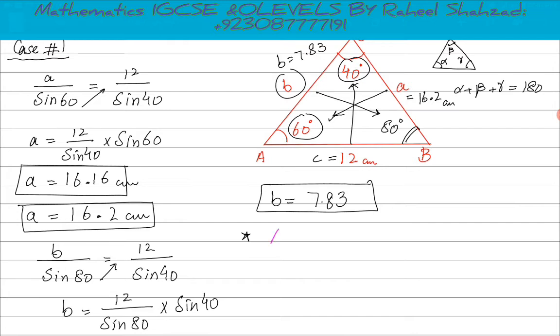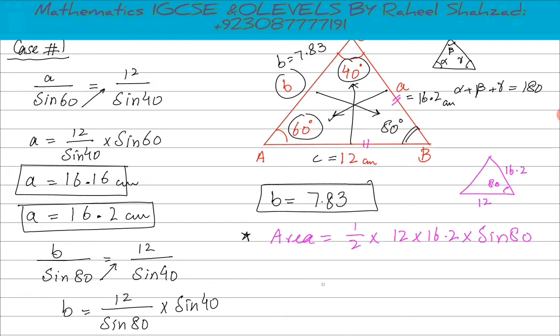Now in addition to this, for example, in the same question, the examiner asks you to find the area of this triangle. We know that the area of a triangle is equal to 1/2 times 2 sides times the sine of the angle between the 2 sides. So suppose I use these 2 sides, 12 and 16.2, and the sine of 80. We know that if we have 2 sides and the included angle given, we can find the area of this triangle.